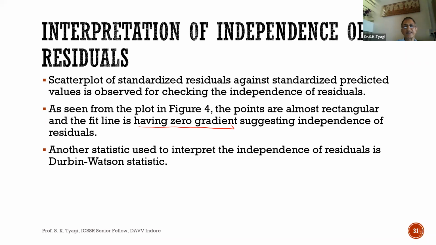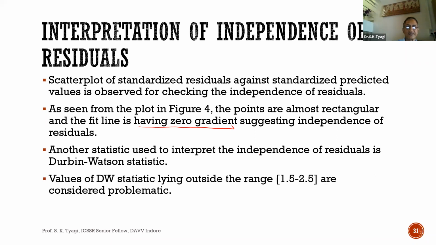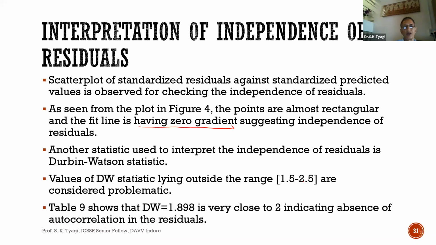Now another statistic used to interpret the independence of residual is Durbin-Watson statistics. Values of Durbin-Watson statistics lying outside this range are considered problematic. But since the table shows DW is 1.898, which is very close to 2, it indicates absence of autocorrelation in the residual. There is no correlation, therefore they are independent. So this is regarding the independence of residual.